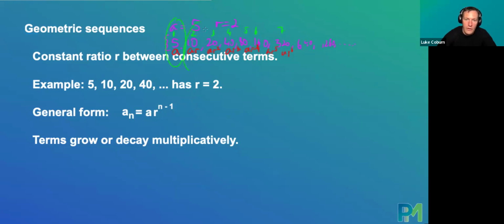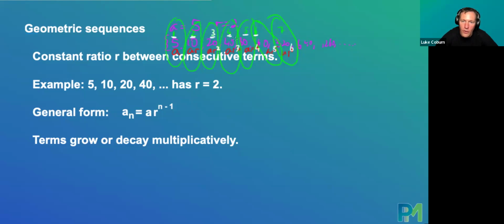What you see is that this number, the 1, the 2, the 3, the 4, that's n. And this one is 2, and this one is 3, and this one is 4, and this one is 5, and this one is 6. So you notice that the power is always 1 behind the counting number.